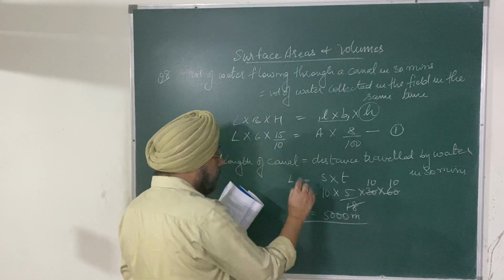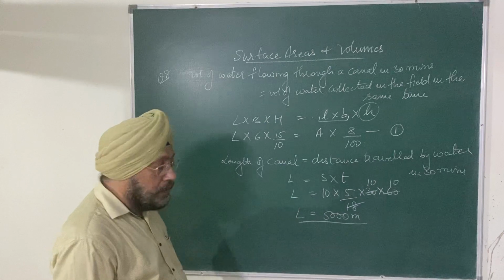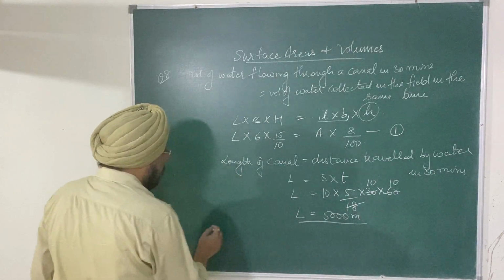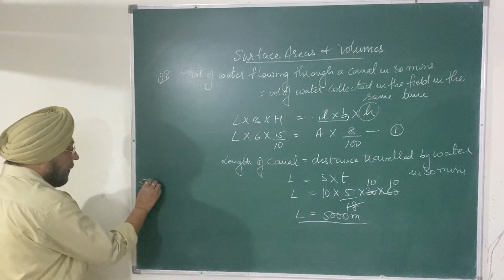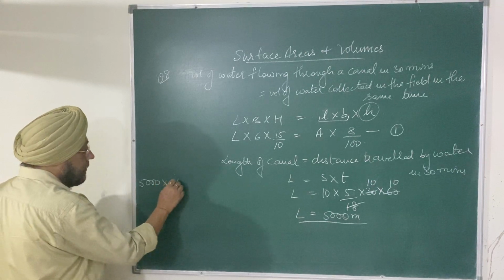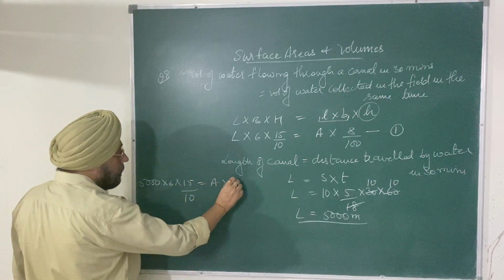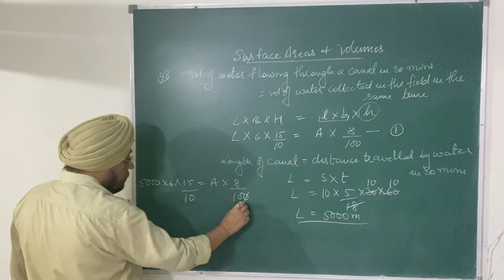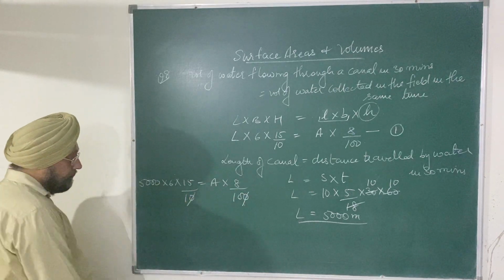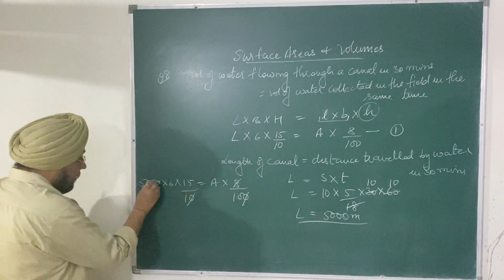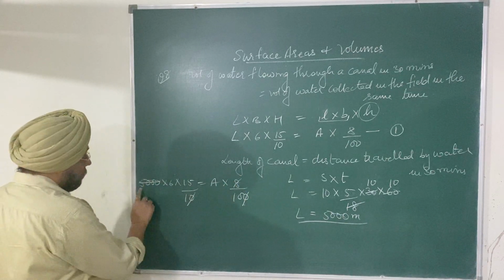Now substitute the value of L in equation number 1, so that we get 5,000 multiplied by 6 multiplied by 15 by 10, that is A multiplied by 8 upon 100. So this 0 can be cancelled here. 8 can be cancelled with 500.